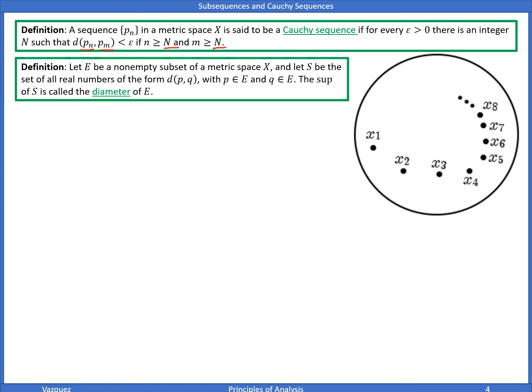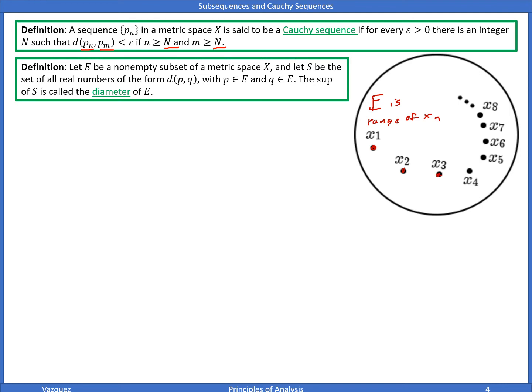Right? So let's say all these points are now in E. Actually, I should just say E is the range of x sub n, meaning it's all these points. This point, this point, this point, all those points.